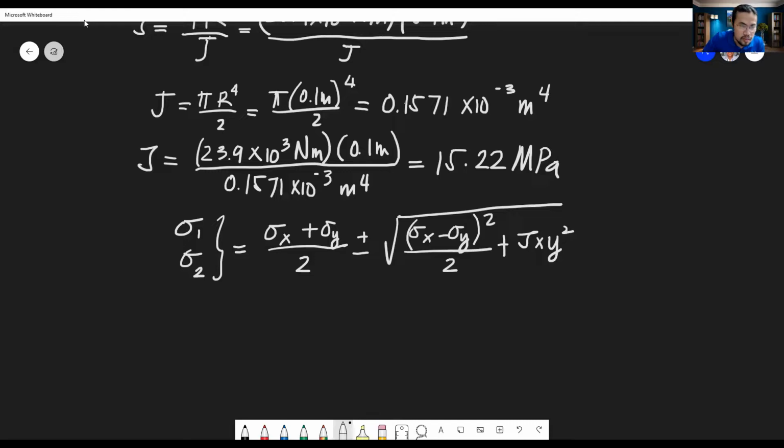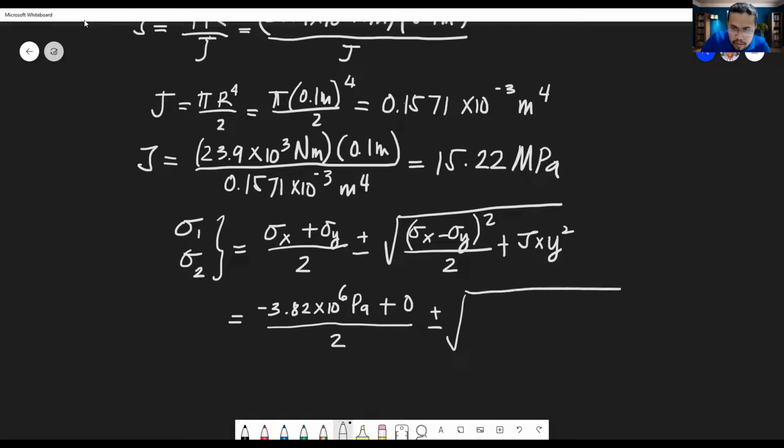So this will become negative 3.82 times 10 to the sixth pascals. Oh no, sorry, it's already mega, so pascals. But sigma y is 0, so this is going to be divided by 2 plus or minus, and the y portion is 0.